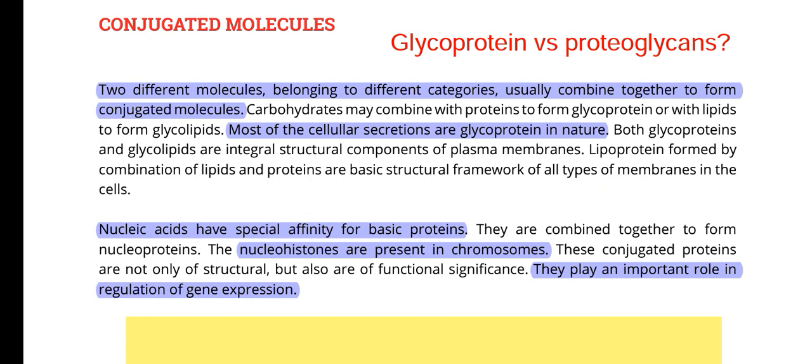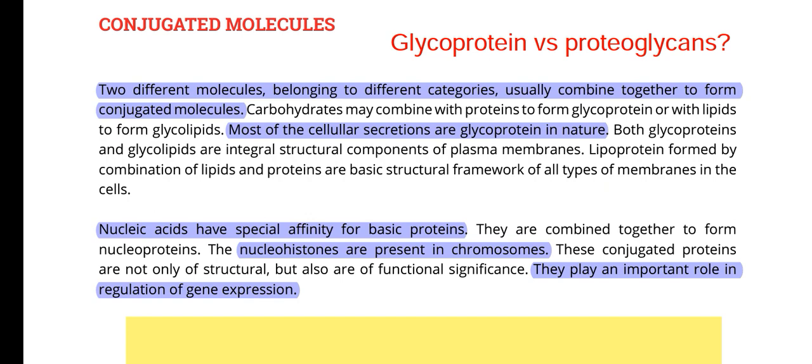Actually, the first word is used for that thing that is used in small quantity. For example, if I say glycoprotein, the word glyco actually refers to carbohydrates and it is used first. So in glycoprotein, the word used at the end of the conjugated molecule is the major component of that compound.